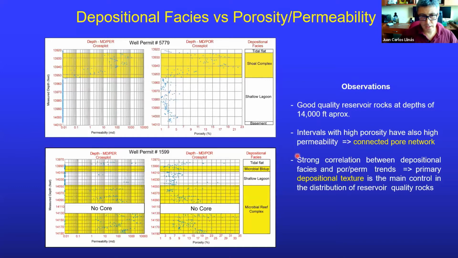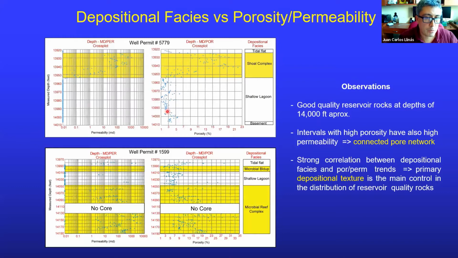And we can say that because here we have the sub-environments interpreted for this core section. And as you can see, the porosities and permeabilities pick up when you get into the shoal complex.